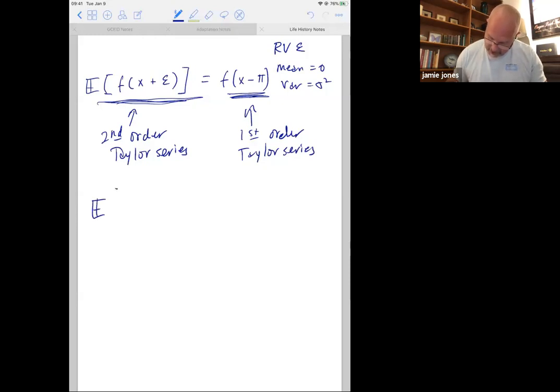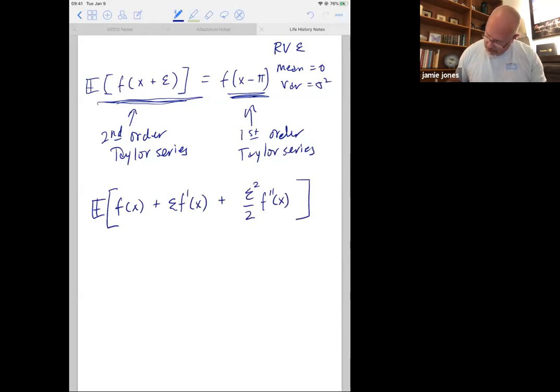So we've got an expectation of fitness of x plus epsilon times the first derivative plus epsilon squared over 2 times the second derivative.